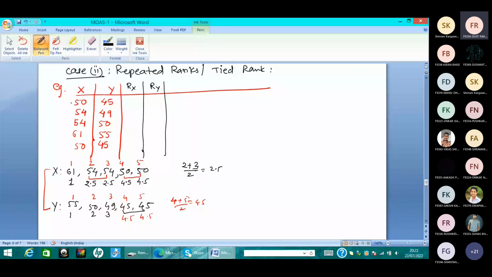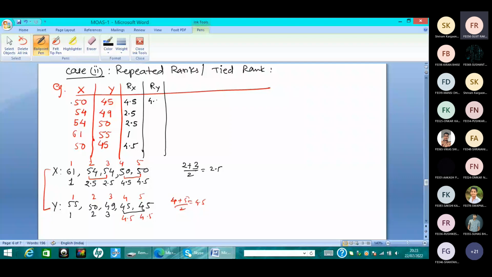Okay, so now see the number and put the rank there. 50 in the first set, what is that? 4.5. Here also 4.5, then 54, 2.5, here 2.5, and 61 will be sharing the rank 1. Okay, now what about this one? Now 45 will be sharing the rank 4.5. Here 49 will be having rank 3.